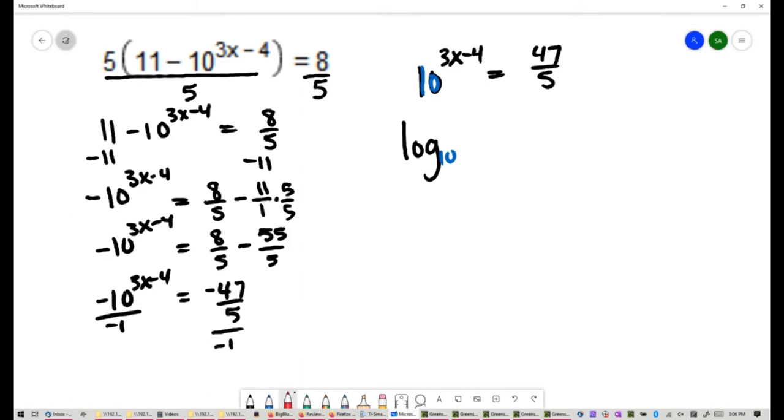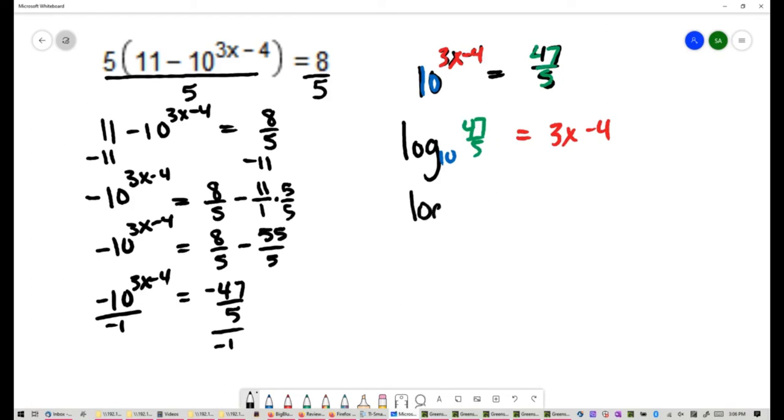The log always equals the exponent, so it's going to equal this 3x minus 4 that's in the exponent. And then the 47 over 5 is what goes inside of our log. When we have base 10, we don't have to write that base.